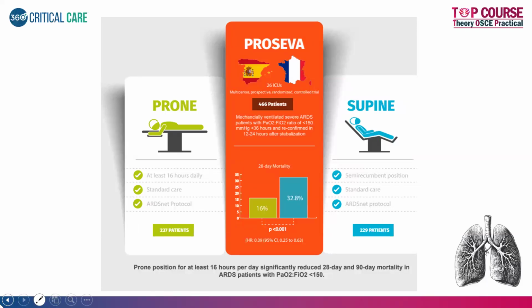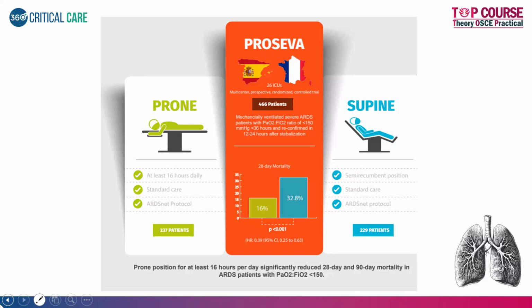They did see a significant reduction in 28-day and 90-day mortality with a number needed to treat as low as 11, I think. So that was a very significant study. It was so significant that it was stopped in the interim because it would be putting the control group at a higher risk.